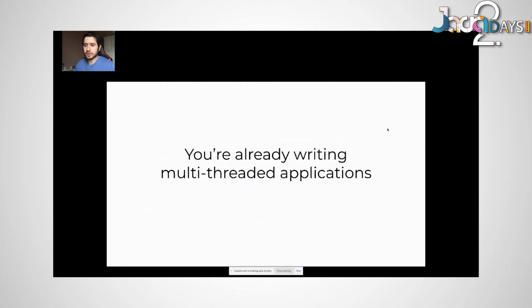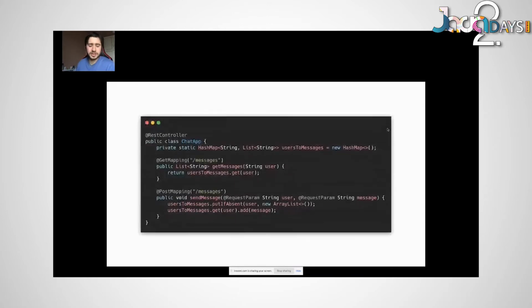Meaning that all your classes which handle your web code, all your REST controllers, all your classes which the REST controllers depend on, should be thread safe if you want to avoid some very subtle bugs which might occur in such an environment. And here's an example of a very simple web application which seems quite okay at first glance.